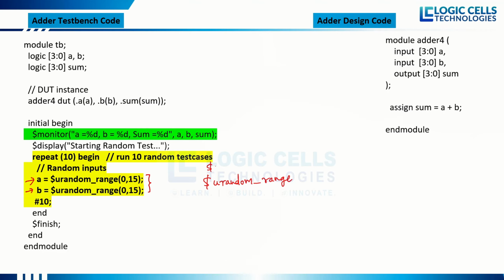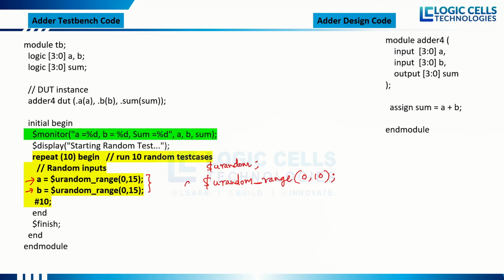So we can use $urandom directly, and it will give you a random number. If you use $urandom_range and provide the range of values you need, let's say 0 to 10, then it will give you only values between 0 and 10 randomly.